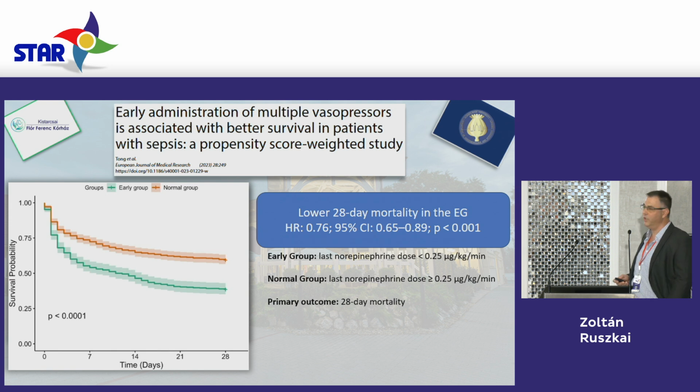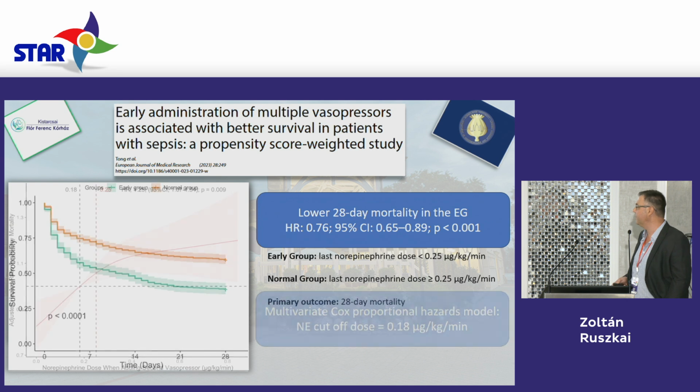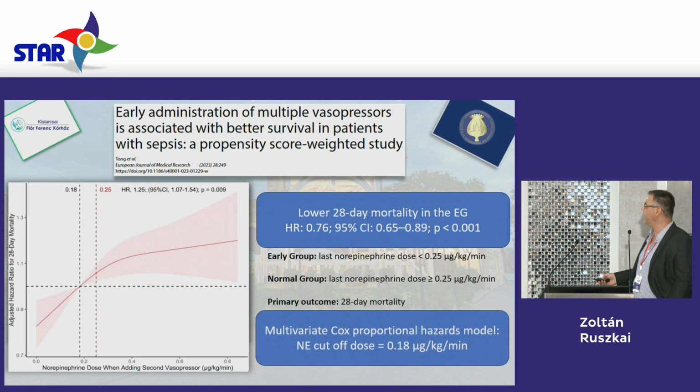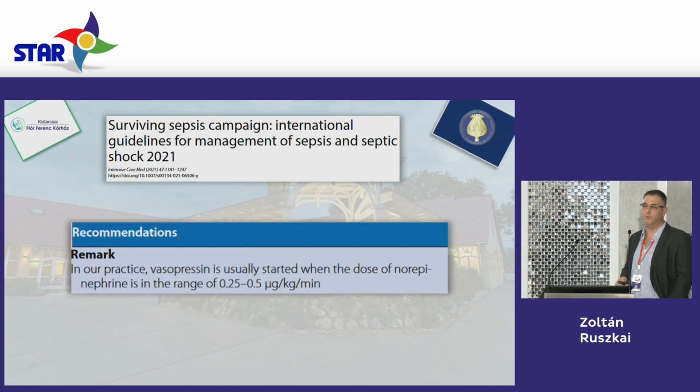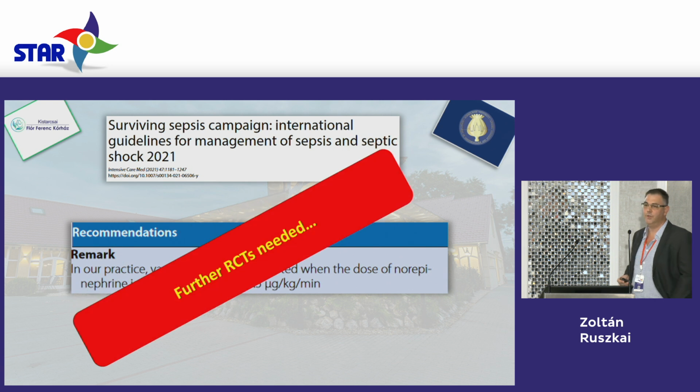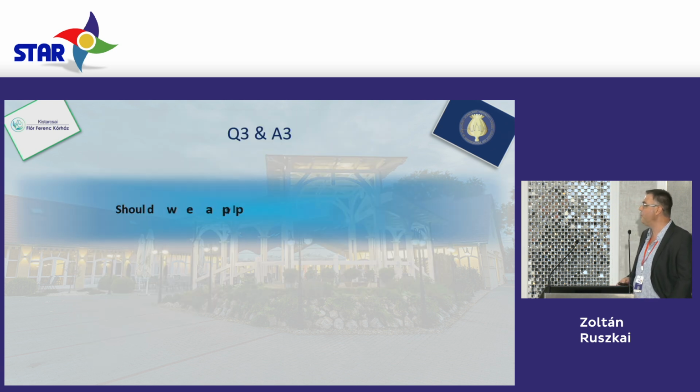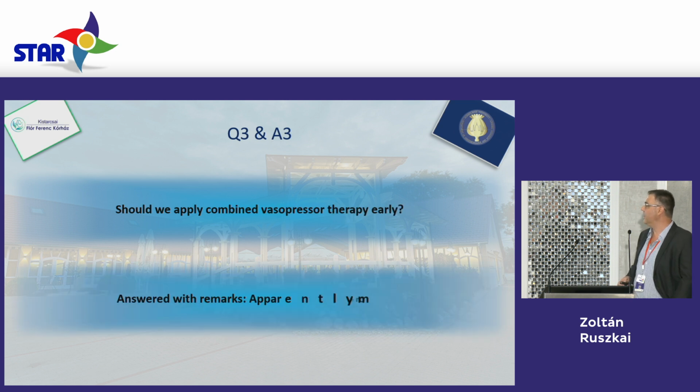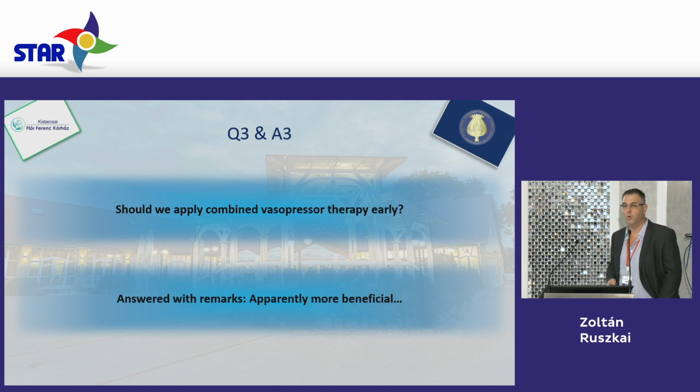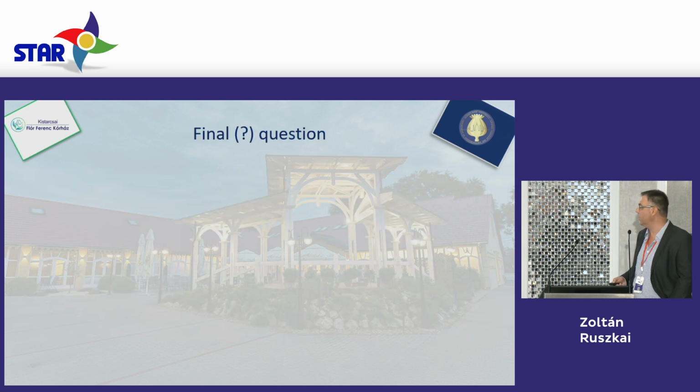They found a lower 28-day mortality in the early group, and they found a cutoff dose of 0.18 micrograms per kilogram per minute, and it's lower than recommended. So further RCTs are needed to answer these questions, I think so. So we answered the third question with remarks, apparently more beneficial, but we don't know where we are.